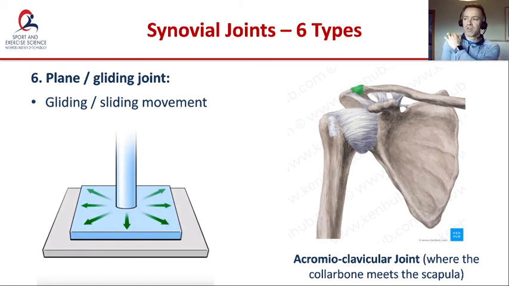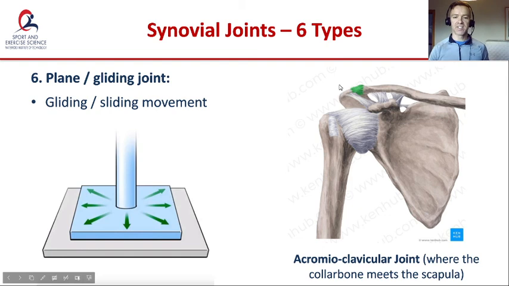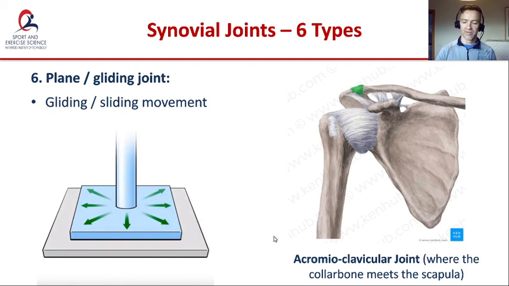And if you pull your shoulder up and down, what you're feeling there is movement at that plane or gliding joint. If you move your shoulder forward and back, there's very limited movement, but there is movement available at this joint to facilitate the shoulder going up and down, and to facilitate it coming forwards and back as well.